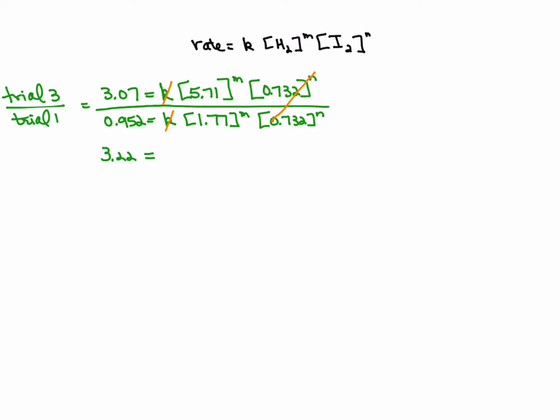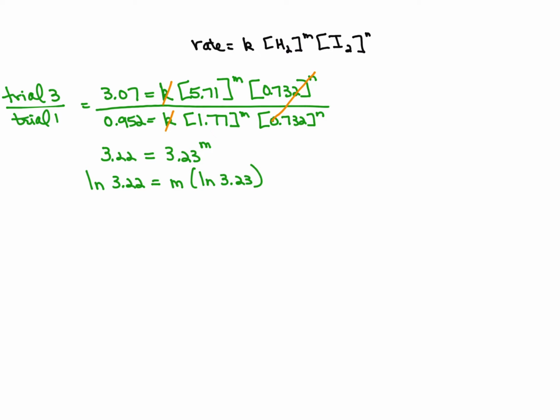5.71 divided by 1.77 is 3.23, and that is raised to the power of m. For me to get that power m down so I can solve for it, I'm going to take the natural log of both sides. So the natural log of 3.22 equals m times the natural log of 3.23.